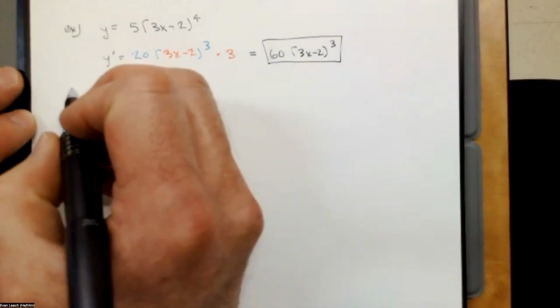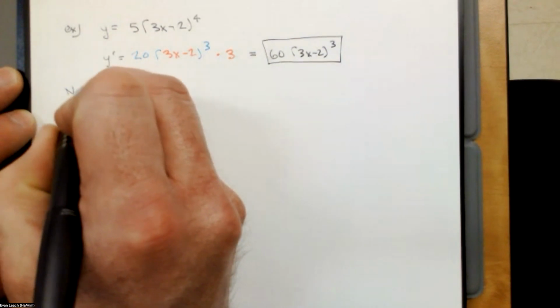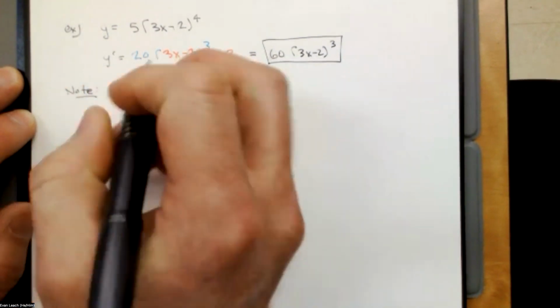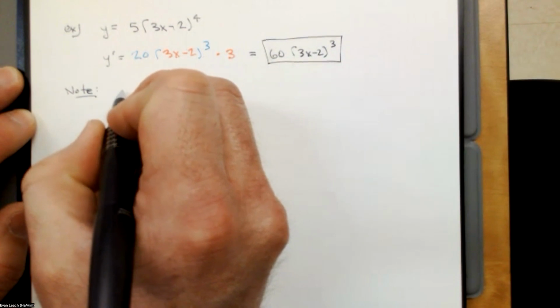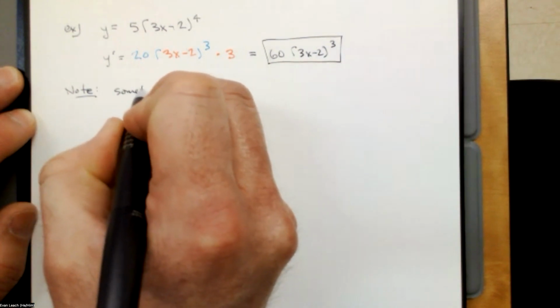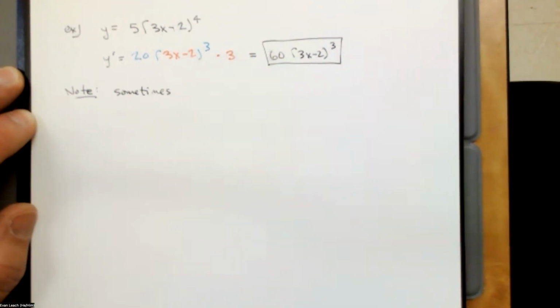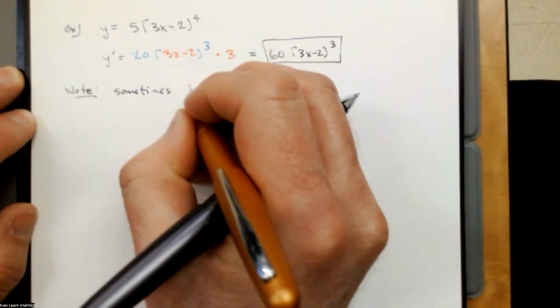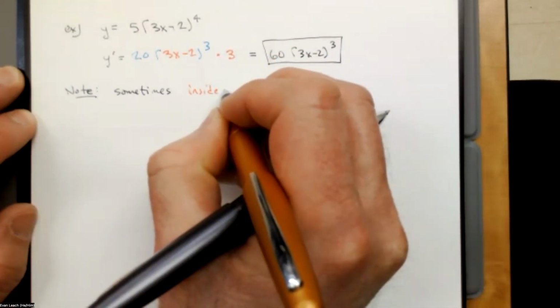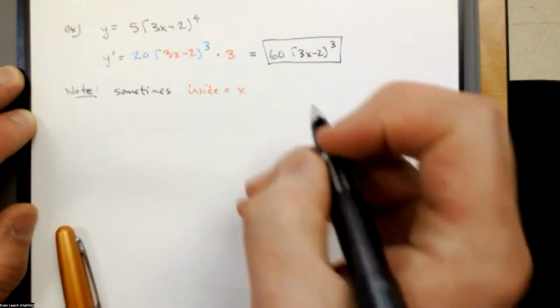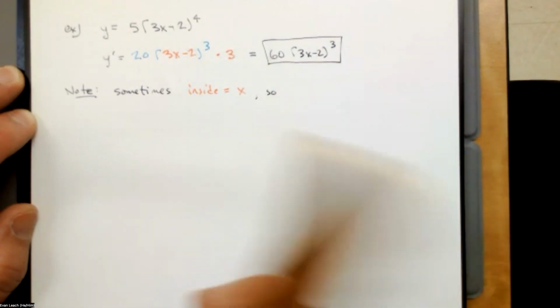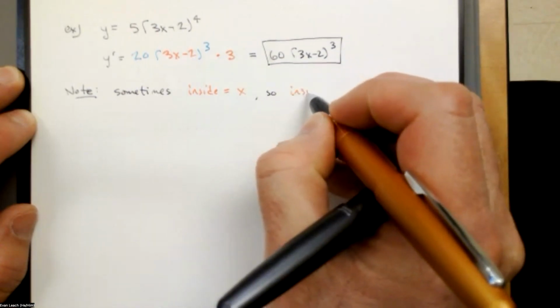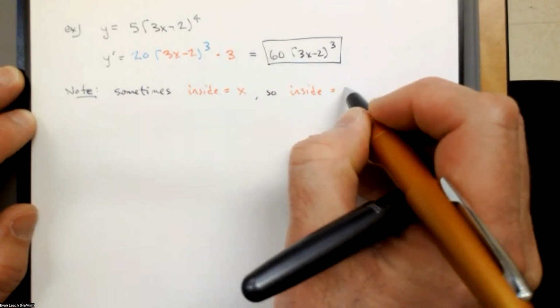So note. Sometimes the inside is just x. So the derivative of the inside is 1.